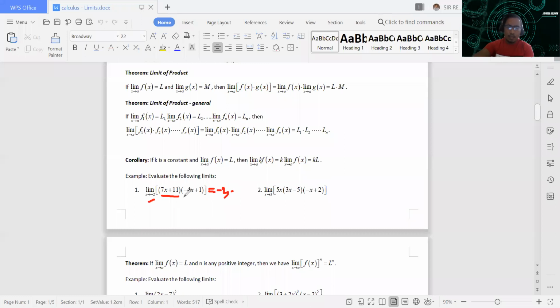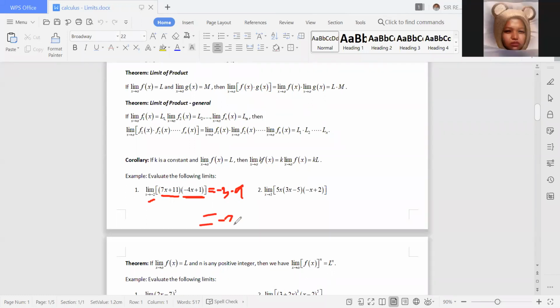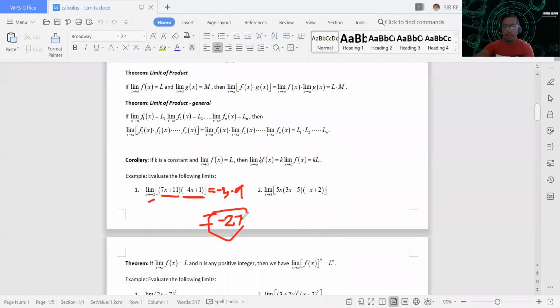Times whatever is the answer here as x approaches negative 2. 9, because negative 2 times negative 4 is positive 8 plus 1, it is 9. If you simplify it, your answer will be negative 27, right? And this is the final answer.